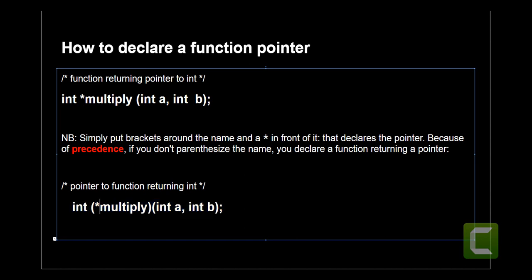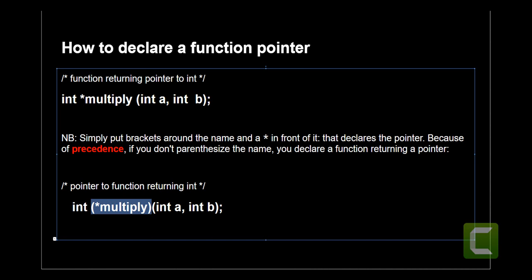So this is what will help us get a function pointer. The asterisk, as we've looked at previously, helps us declare a pointer. And here we are declaring the pointer multiply, and we are specifically saying that by using the parentheses here to make sure that we are declaring a pointer.